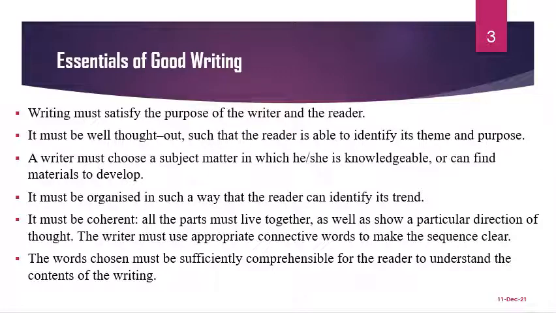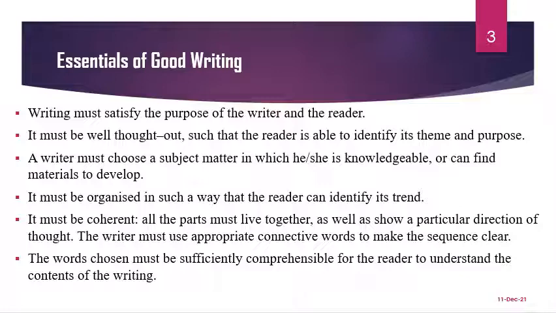What are the essentials of good writing? Writing must satisfy the purpose of the writer and the reader. It must be well thought out so that the reader is able to identify its theme and purpose. A writer must choose a subject matter in which he is knowledgeable or can find materials to develop.